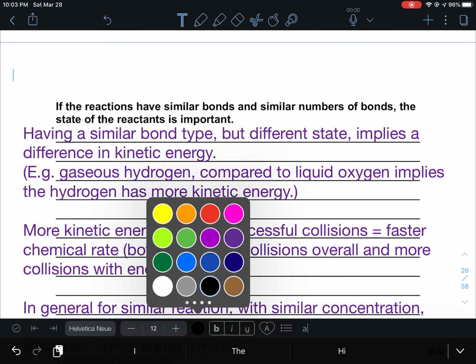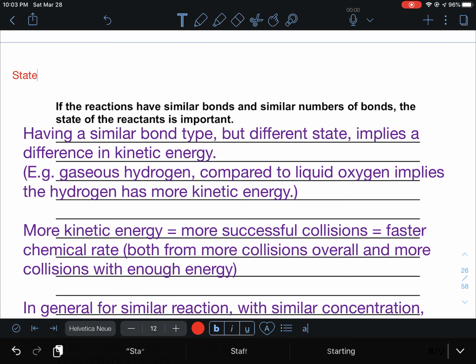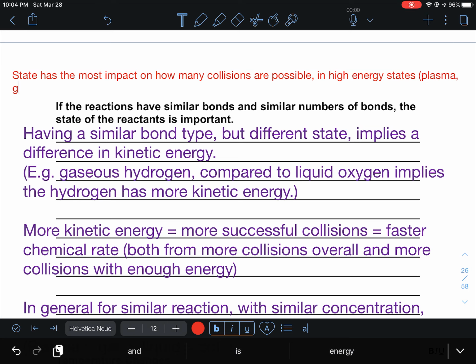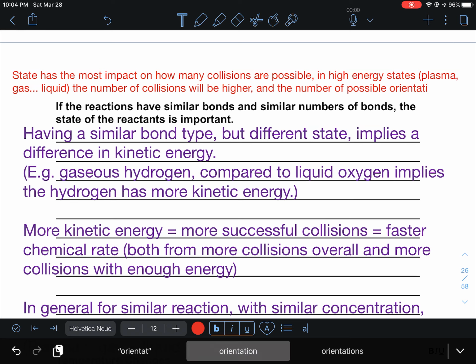I think that I got off on the wrong tangent here in my explanation, but state has the most impact on how many collisions are possible: in high energy states, plasma, gas, liquid, the number of collisions is higher, and the number of possible orientations is higher.